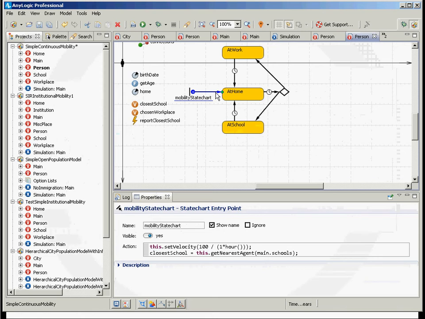And then we have closest school equals the exact same thing we had before: get nearest agent. So among all schools, what's the nearest agent to me? To me, that's it, me. What's my nearest agent among all of these schools? And it will return school. And that's our next school. Does that make sense?